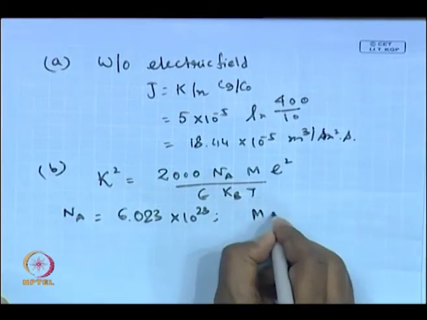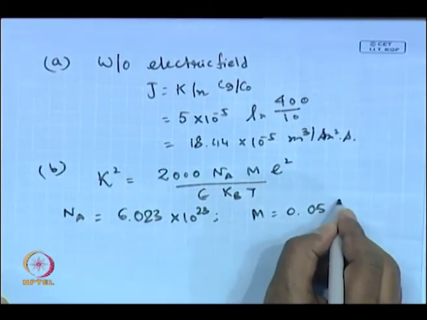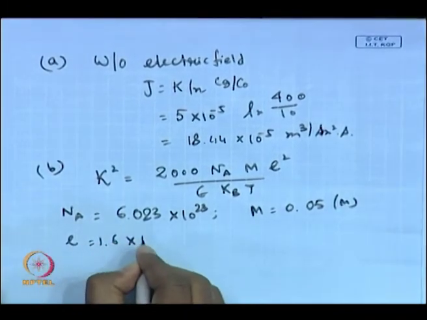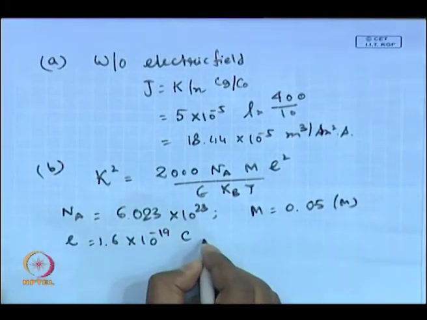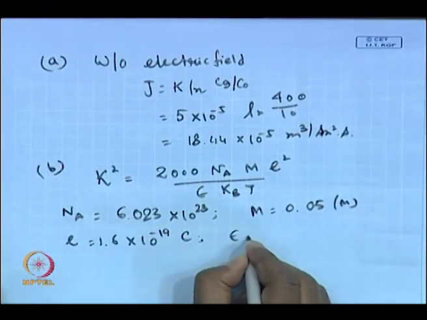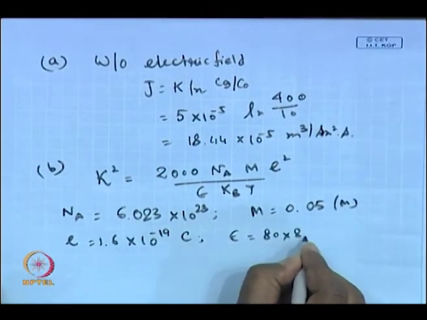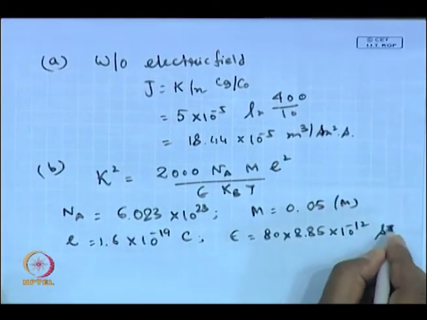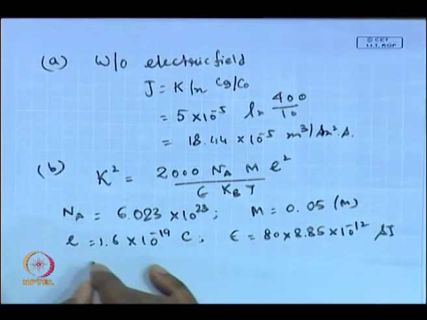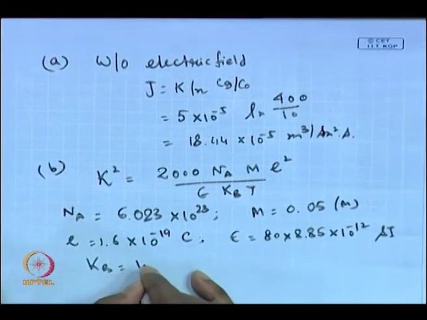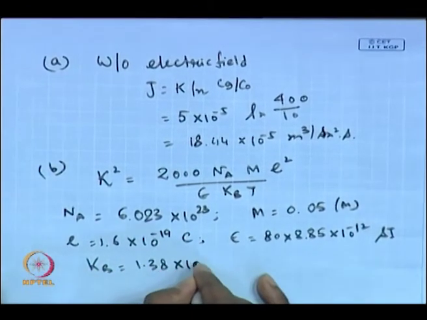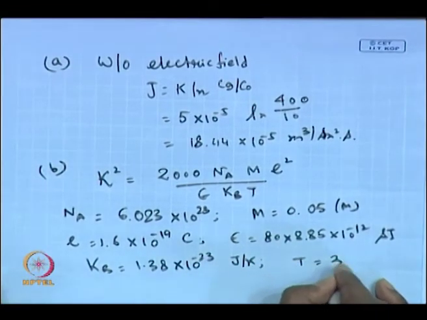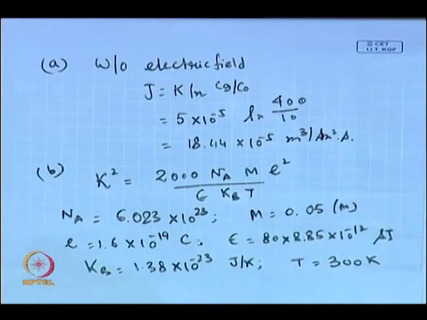Molar concentration is, in this particular problem, 0.05 molar, and e is 1.6 into 10 to the minus 19 coulomb. Epsilon is 80 into 8.85 into 10 to the minus 12 SI unit, and kB, the Boltzmann constant, is 1.38 into 10 to the minus 23 joule per Kelvin, and temperature we take room temperature 300 Kelvin, that is 27 degrees centigrade.